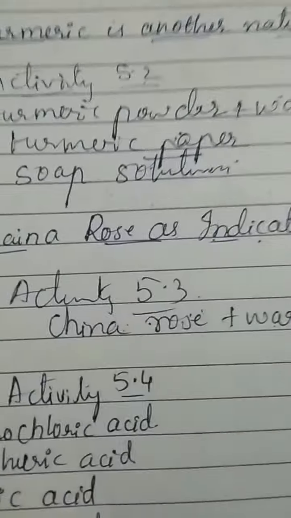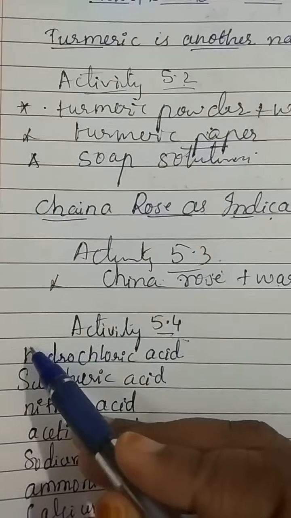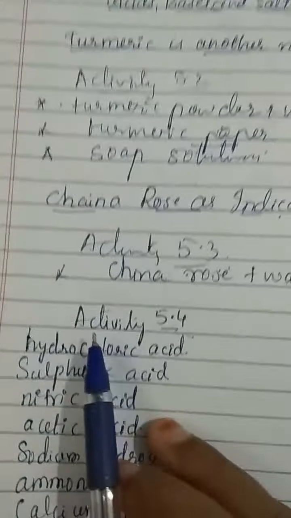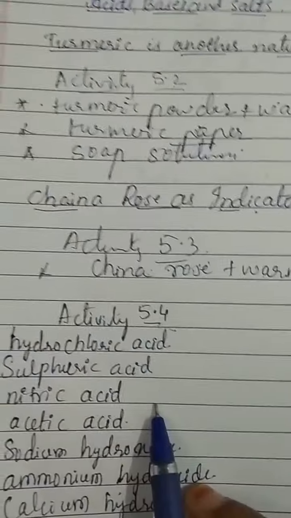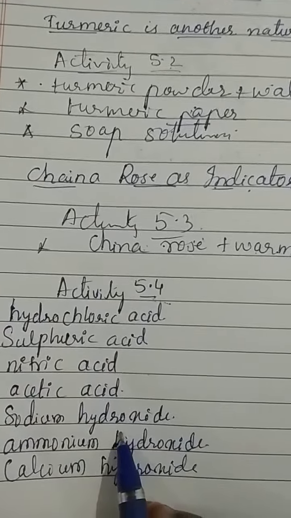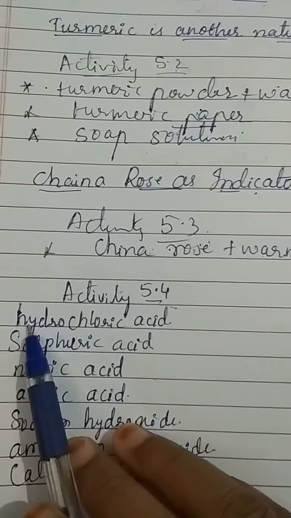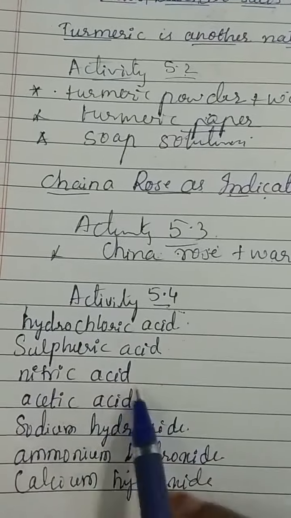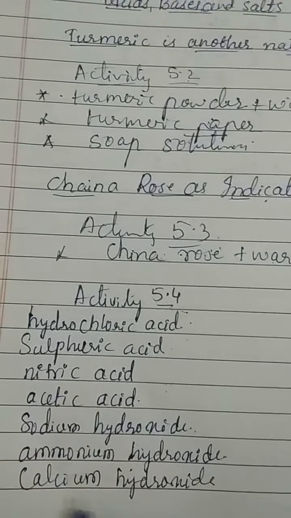Next one, activity 5.4. If you are in school, I may do this, but theoretically I'll explain to you. We have to dilute the following chemicals from our school laboratory, or a nearby school laboratory: hydrochloric acid, sulfuric acid, nitric acid, acetic acid, sodium hydroxide, ammonium hydroxide, calcium hydroxide.